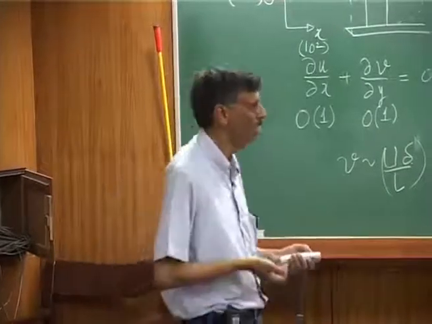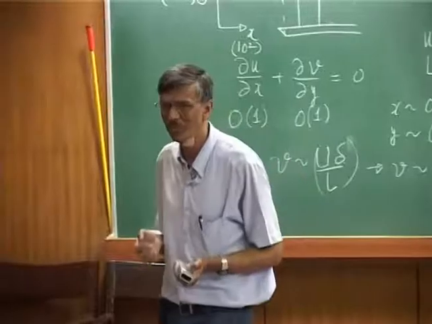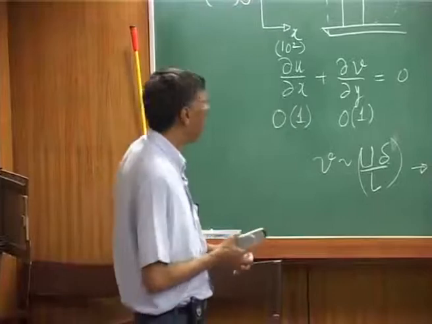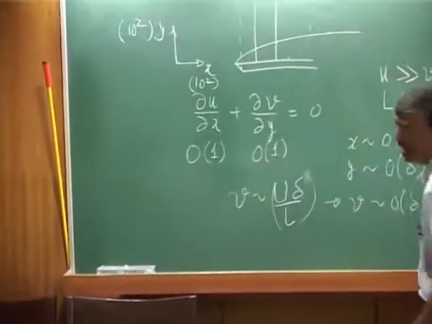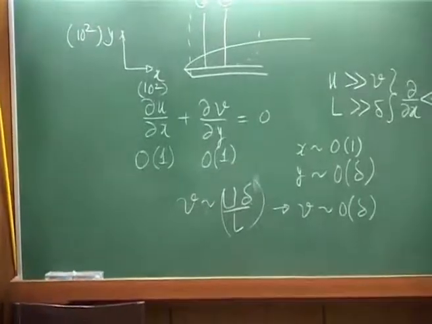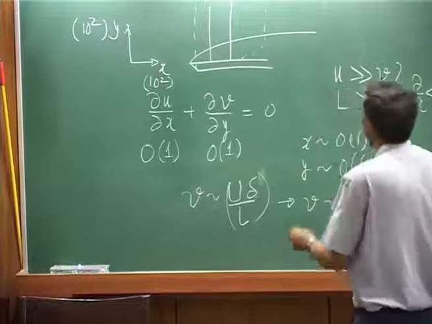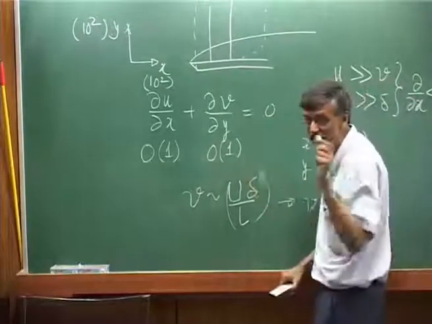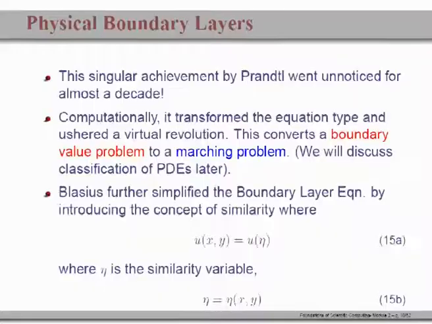We will see that. Well, the genius of Blasius did not stop there. He was a clever fellow. So, what he said is that I will try to even do something better. He said that if I look at the boundary layer developing, then I could find some combination of x and y in such a way that the solution for a fixed value of that combination will determine the solution uniquely there.